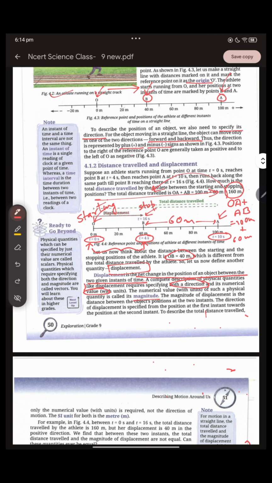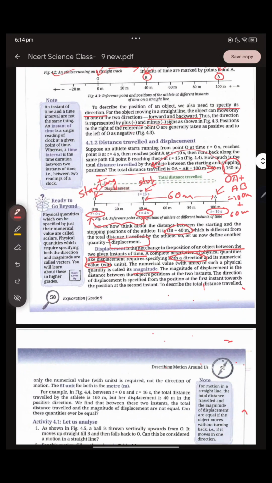Now the direction of displacement is specified from the position at the first instant towards the position at the second instant. So here we can see that it is 40 meter in the positive direction because it is on the right hand side. It is 40 meter in the positive direction.